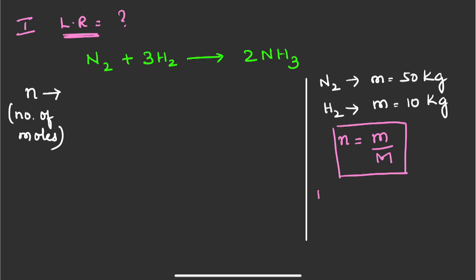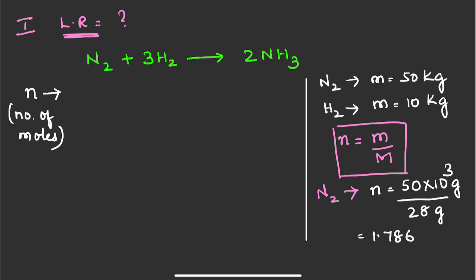Now for nitrogen we will first find the number of moles. So n, the number of moles, is equal to mass, which is given as 50 kg. Convert 50 kg into grams: 10 to the power of 3 grams, divided by the molar mass. For N2 the molar mass is 28 grams. When you divide this you get 1.786 into 10 to the power of 3.